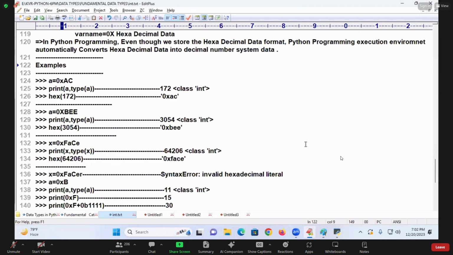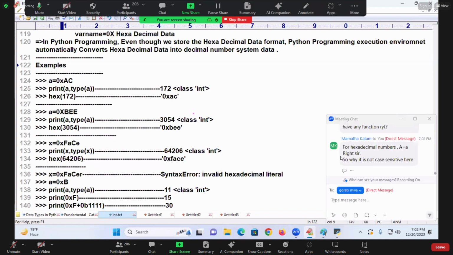One more thing, Mamata is asking, and I already said in the class, the same doubt again: 0xA, 0xa, 0x small a. They designed it like that. You should not question me why this is allowed like that, because they took the criteria like that. Why is sugarcane juice sweet? If you ask me, there is no answer, because that nature is like that.